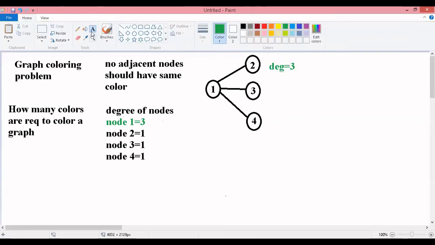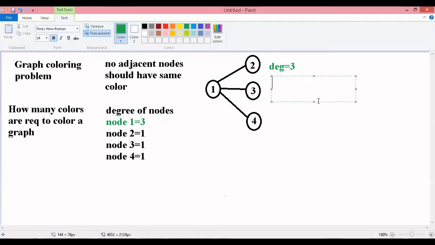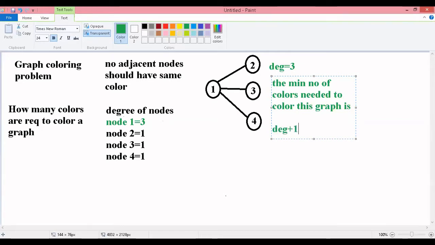And what you need to know is that the minimum number of colors needed to color this graph is the maximum degree plus 1.